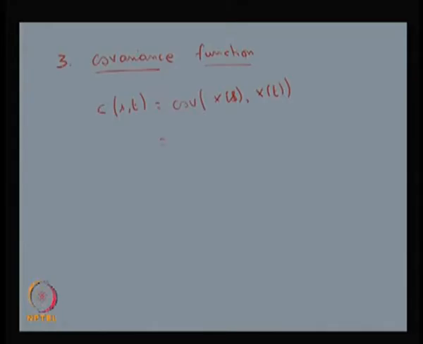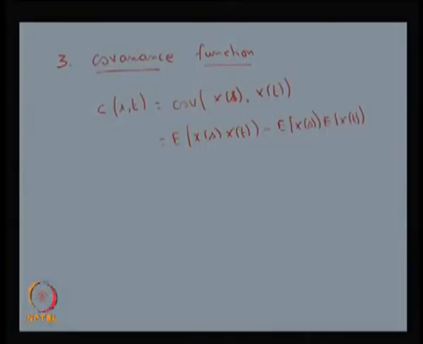That is nothing but the expectation of X of s, X of t minus the expectation of X of s and the expectation of X of t. Obviously, since you are finding the covariance of any two random variables, this stochastic process must be a second order stochastic process, so that the second order moments exist and you are able to find the covariance.